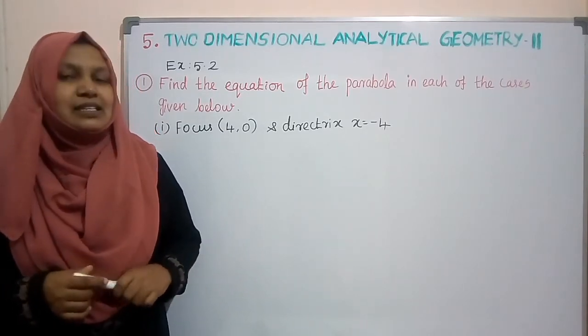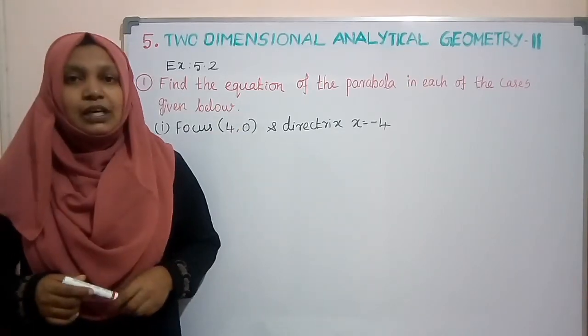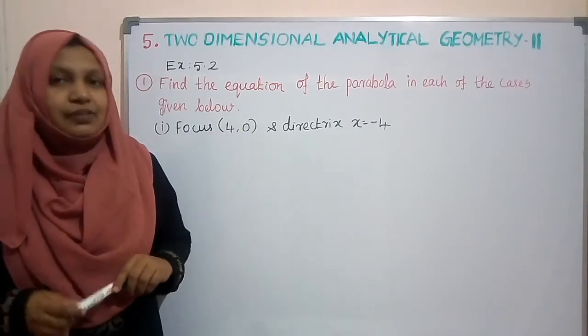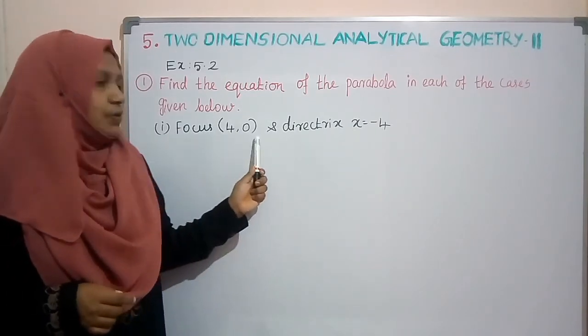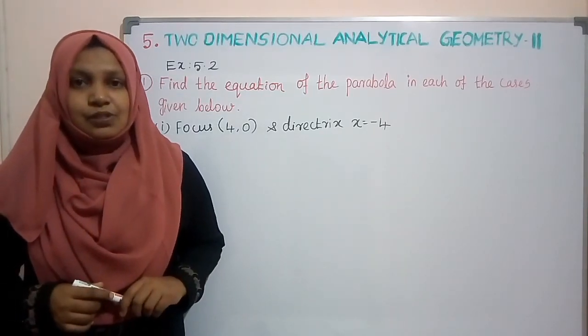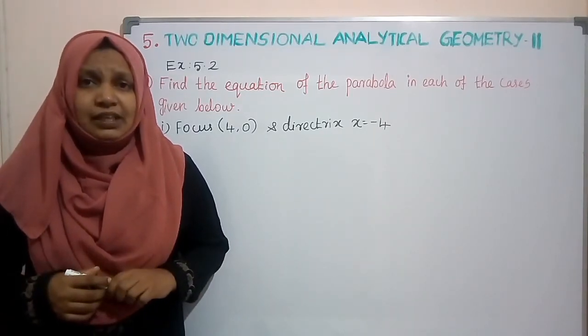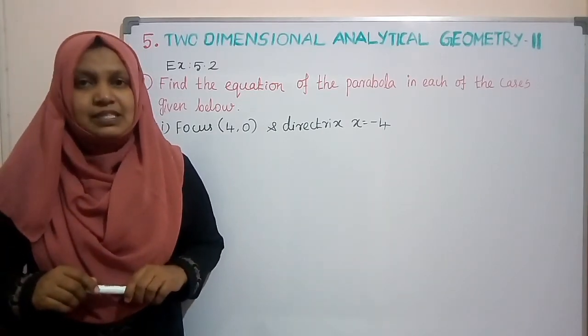See the first question. Find the equation of the parabola in each of the following cases. We have some subdivisions. The first subdivision is focus 4, 0, directrix x is equal to -4. Here you should remember one thing. The focus is the fixed point and directrix is the fixed line.